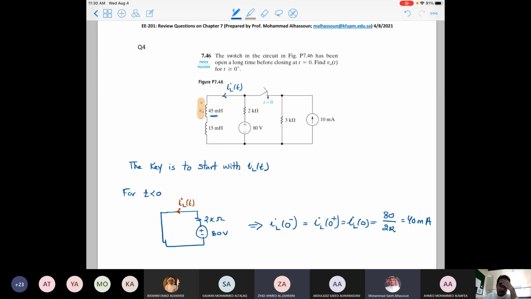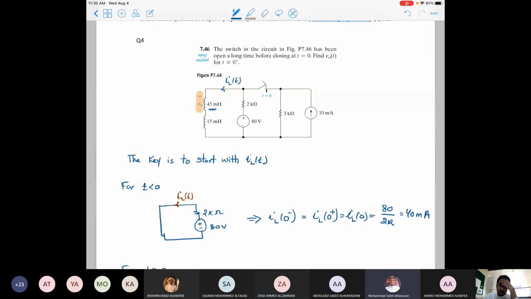When you find the time constant, you have two inductors, so the whole analysis assumes an equivalent RL circuit: R equivalent and L equivalent.